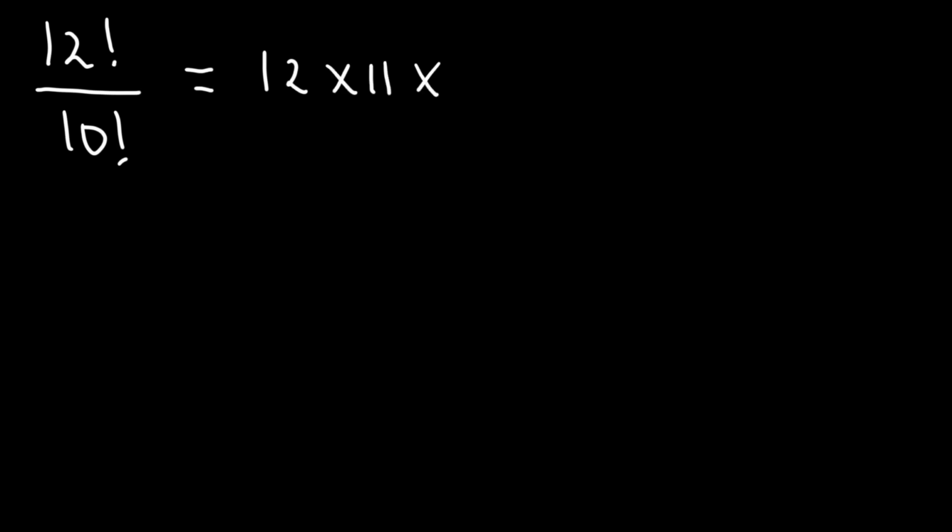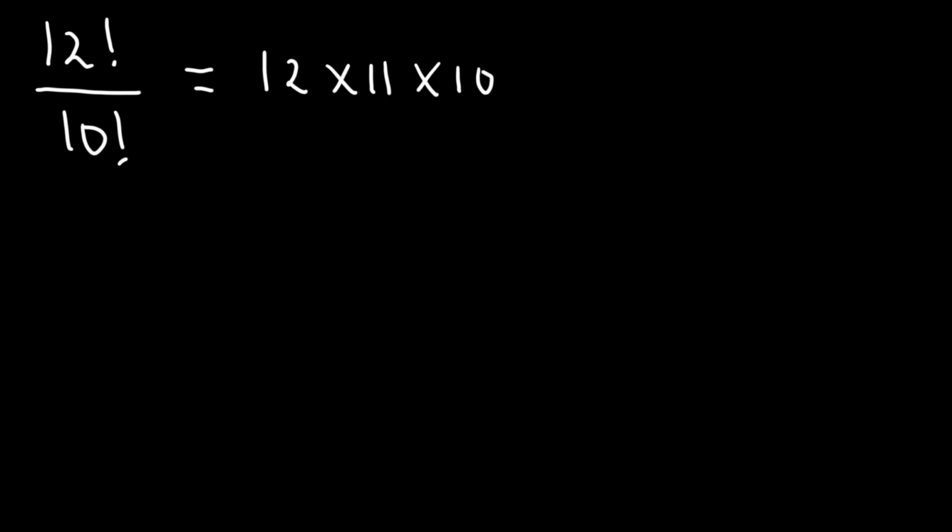Now what if we had 12 factorial divided by 10 factorial? How would you simplify this? Now 12 factorial is the same as 12 times 11 times 10 times 9 times 8 times 7 all the way to 1.